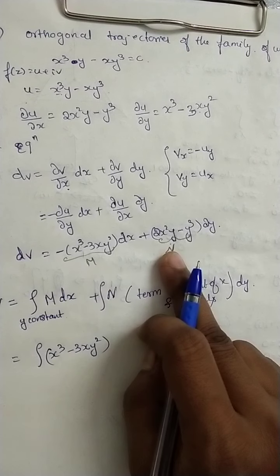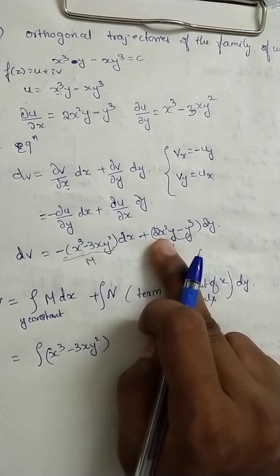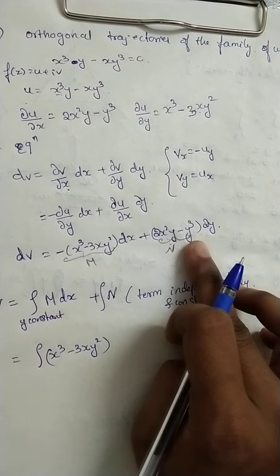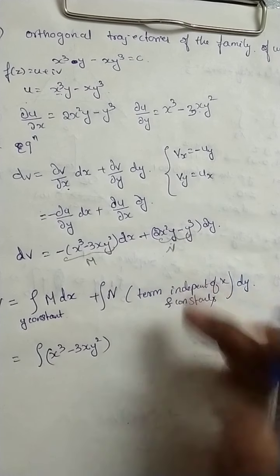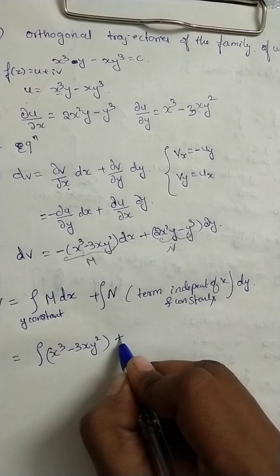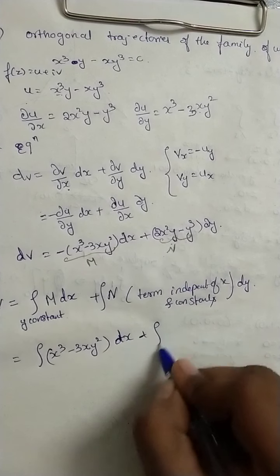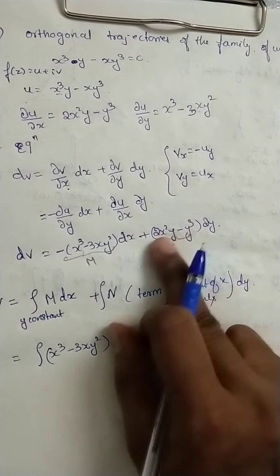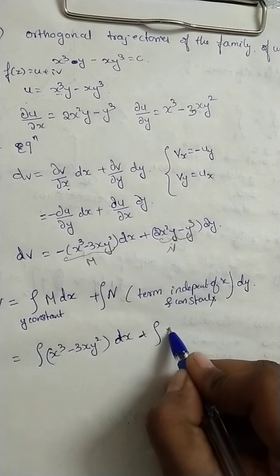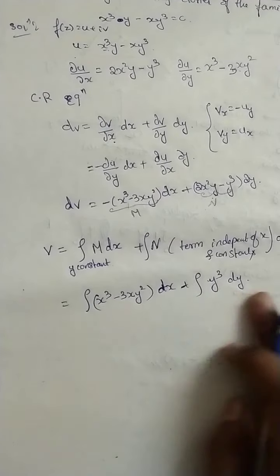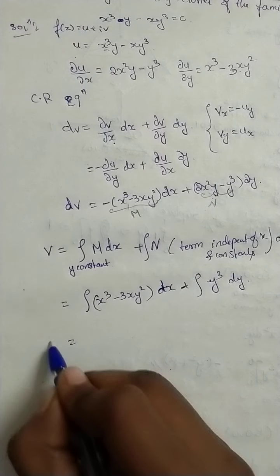So which is independent of x, this part contains x, so we should not consider this part, and constant part is not present, so we should only consider y cube here. So into dx, this dx plus integration. Now in this part of n we have to only consider y cube. So y cube we have considered and dy. Now we have to integrate only this, then we will get our v.